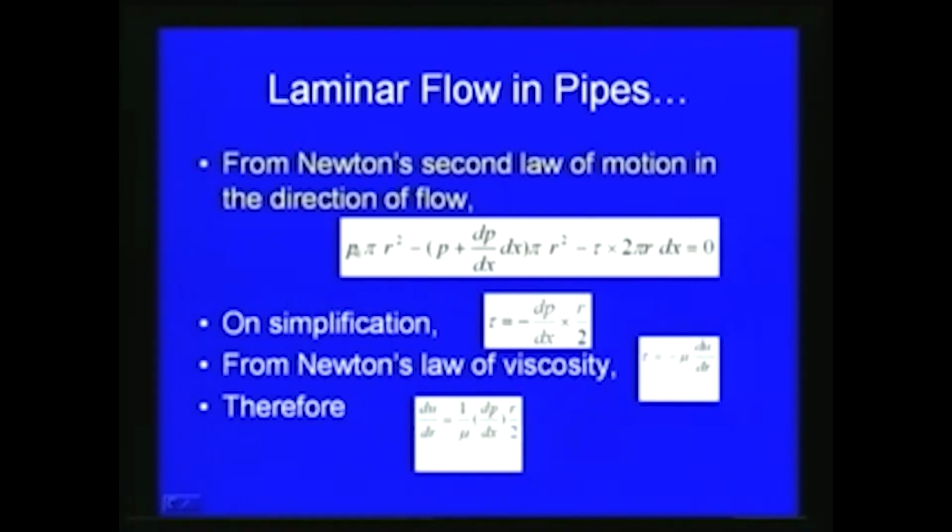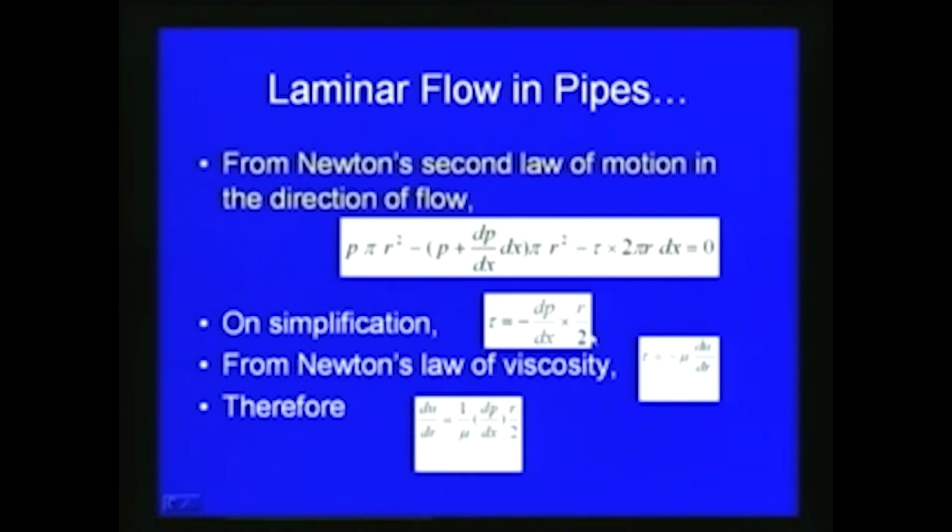So, with respect to the fluid element, P into pi r square minus P plus dP by dx into dx pi r square minus tau into 2 pi r dx is equal to 0. The pressure force and shear force, we can simplify this as tau is equal to minus dP by dx into r by 2.